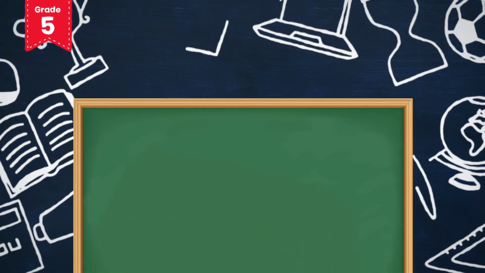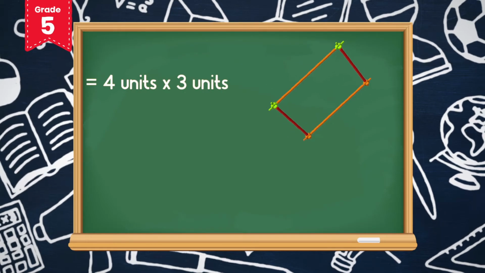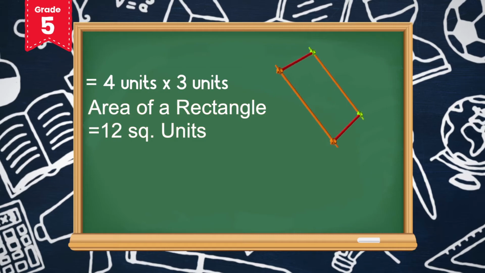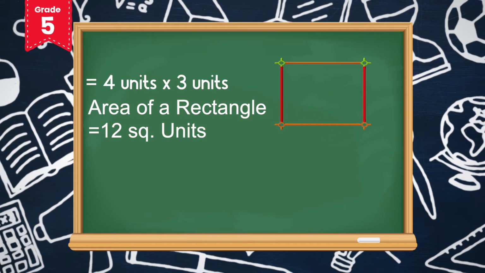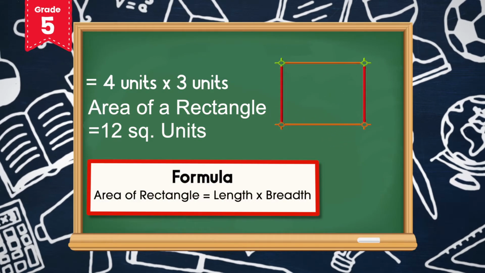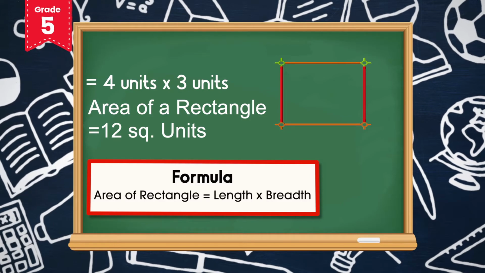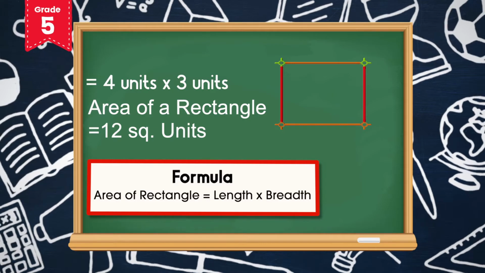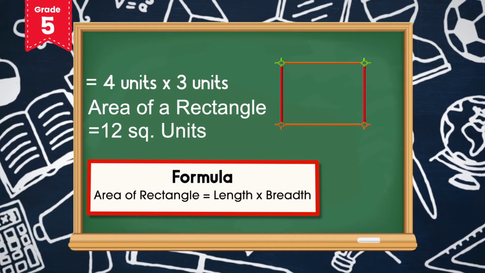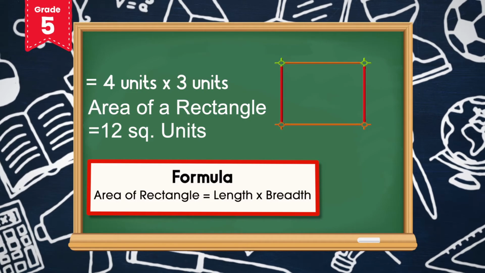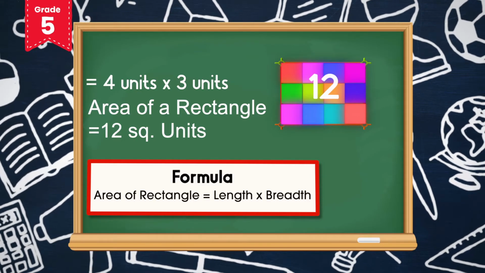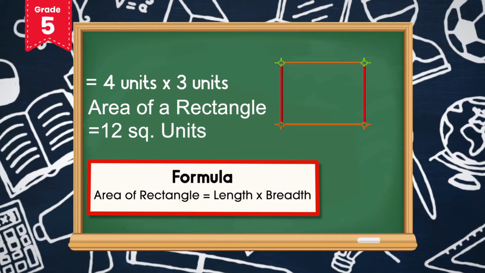That is 4 multiplied by 3, which gives 12 square units. Therefore, the formula for calculating the area of a rectangle will be length multiplied by breadth. Observe that the area obtained is same as we have obtained without using the formula.